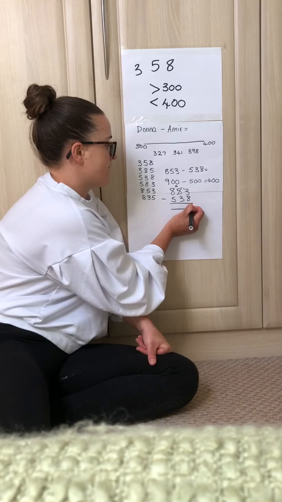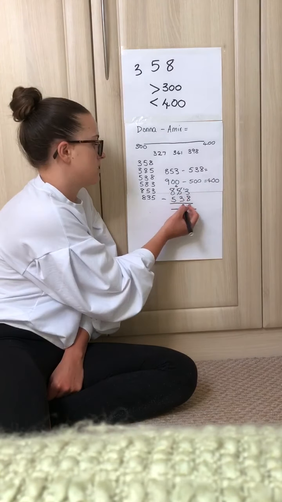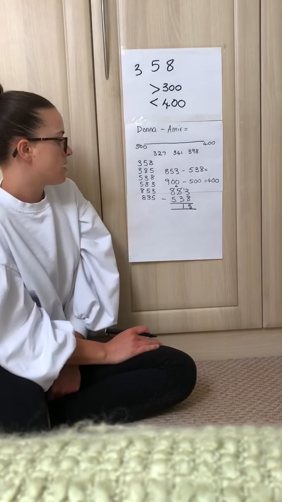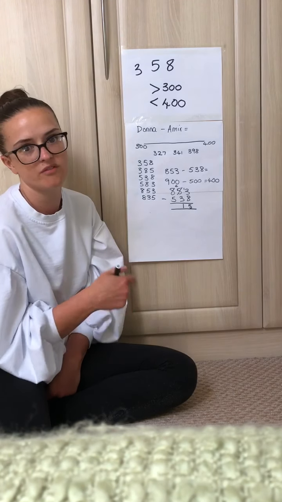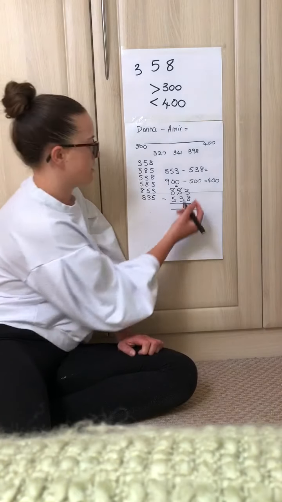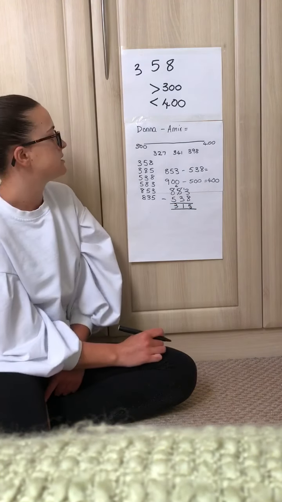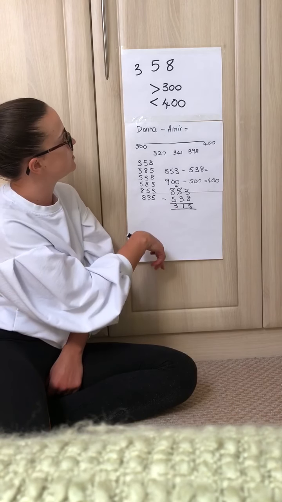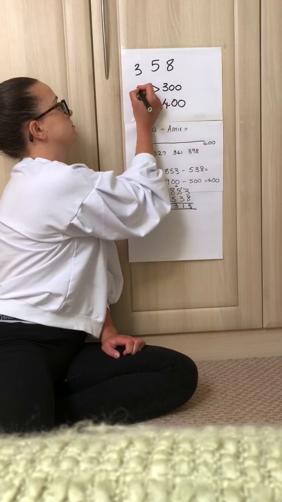So in there would go 5. 3 and 2 is 5. 4 subtract 3, the difference is 1. And 8 subtract 5, I would count up for that one from 5. 5 to 8 is 3. So my answer is 315. So let's see. Is 315 greater than 300?